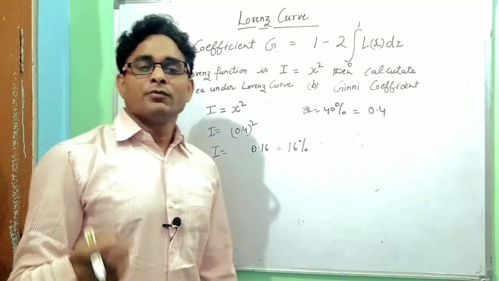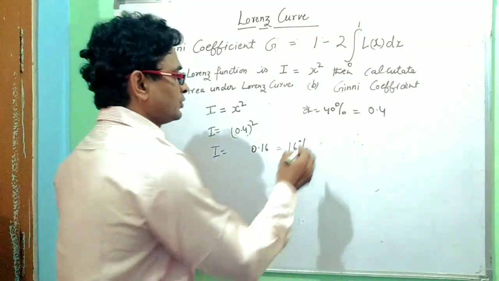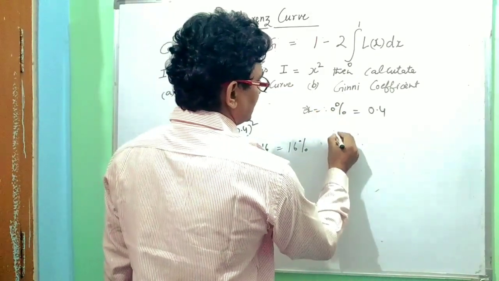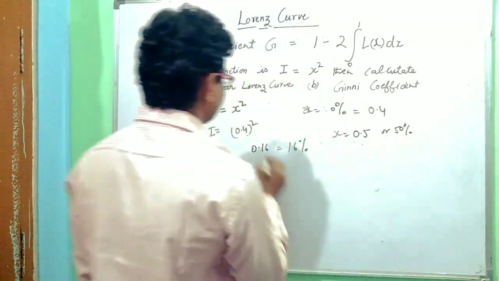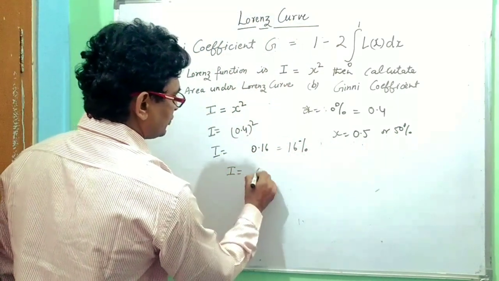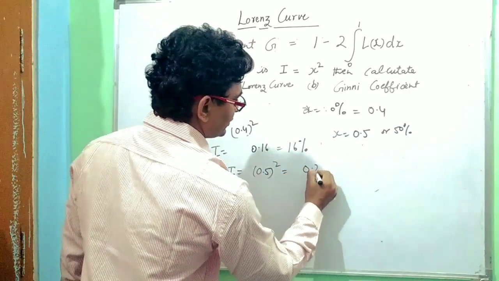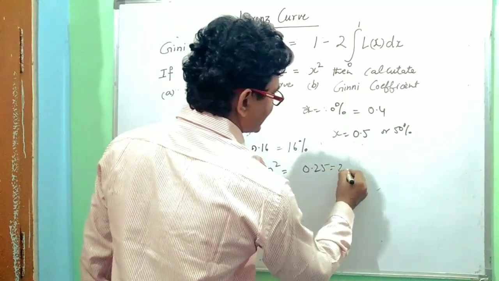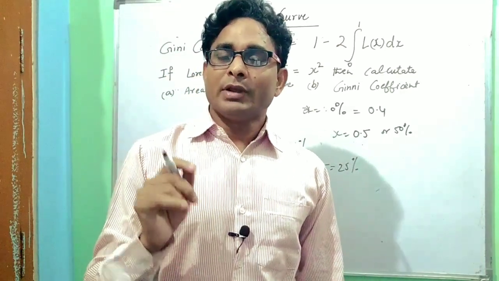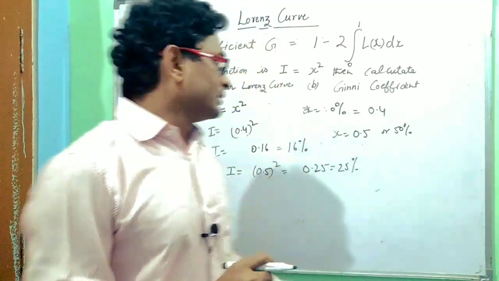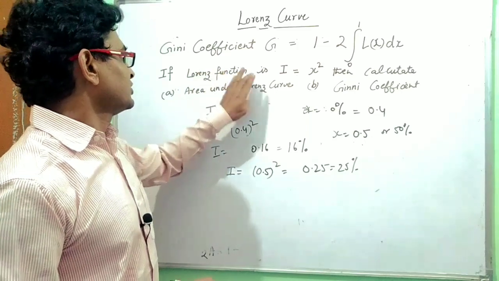Likewise, if we want to calculate the share of 50% population, we put x is equal to 0.5, and we will get 0.25, which means 25%. It shows that 50% of the population has 25% share in the national income. With this, we can now understand what this Lorenz function actually shows.